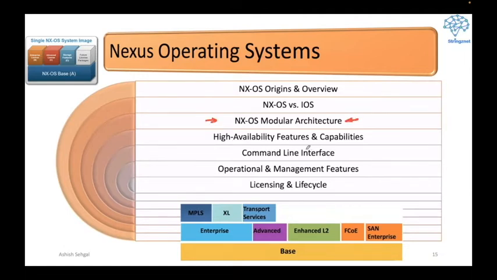Why do we say it is a modular operating system? High availability features, the command line interface, operational and management features, and, pretty important, licensing and life cycle of our Nexus operating system. Whether you are using the Nexus operating system or the ACI operating system for your ACI fabric switches, we should know the basic architecture so that we can justify ourselves.